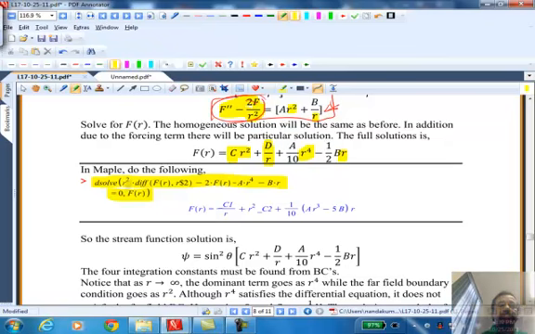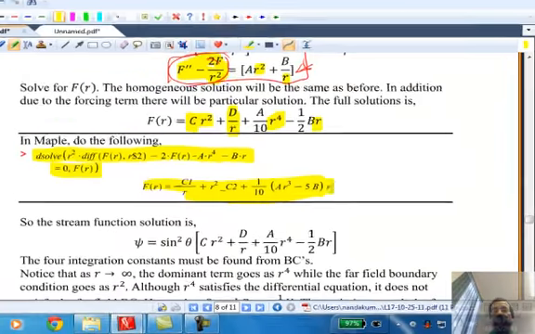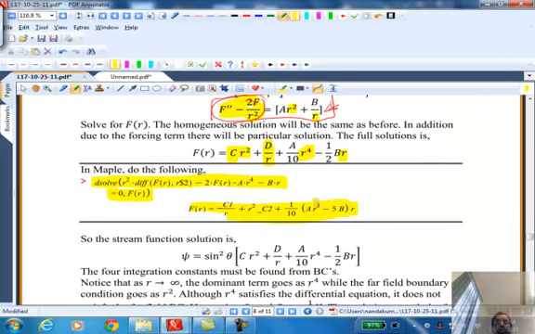So you see r squared, derivative of f of r, but this r$2 says it's a second derivative of f of r, minus 2 f of r minus a r to the power 4 minus b r equal to 0. Solve for f of r. f of r is the symbol. Then it gives you the solution like this, which is the same one that we wrote earlier. It has just factored an r out there, but it's the same solution.